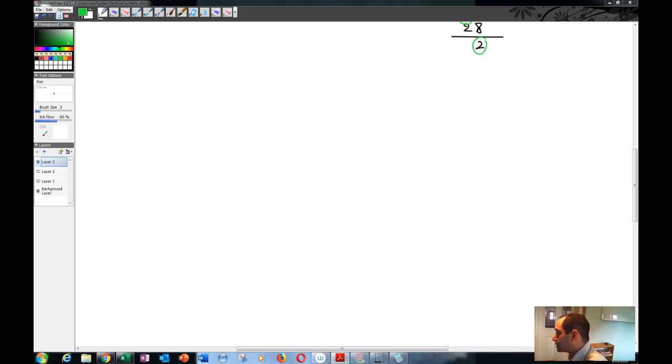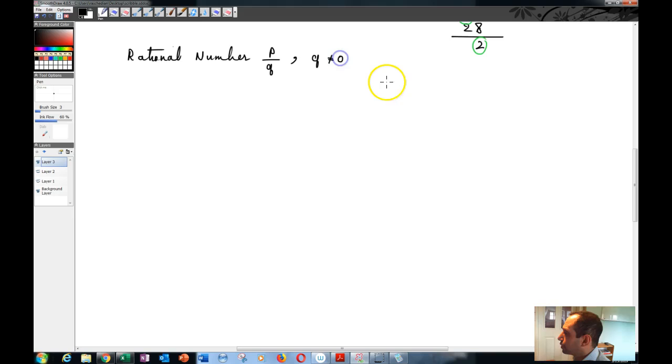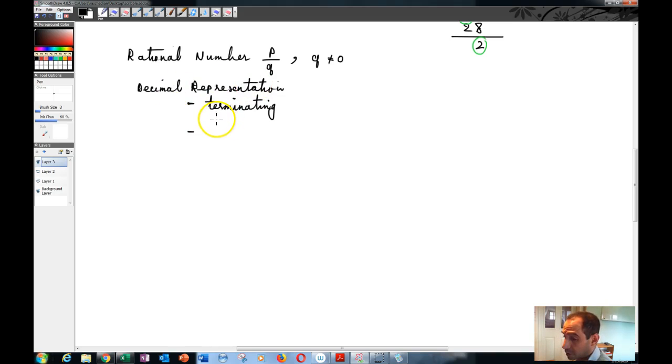Now what we want to do here is consider a rational number p by q, with q not equal to 0, and we want to explore exactly when the decimal representation of this number is going to be terminating, and under what circumstances it's going to be non-terminating repeating.